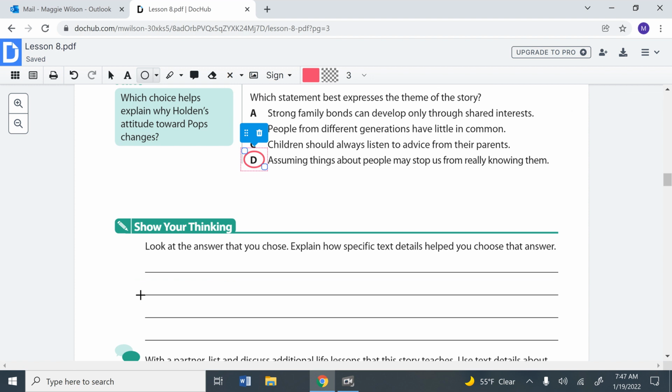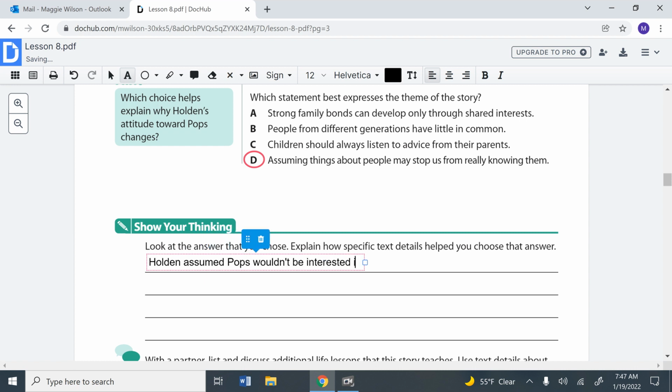So it says, look at the answer you chose. Explain how specific text details help you choose that answer. So the text details that help us understand this answer is what I just stated, which is that Holden assumed Pops wouldn't be interested in his video game, but that was incorrect.